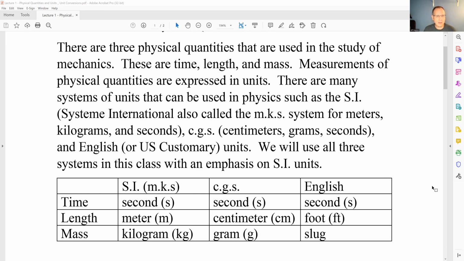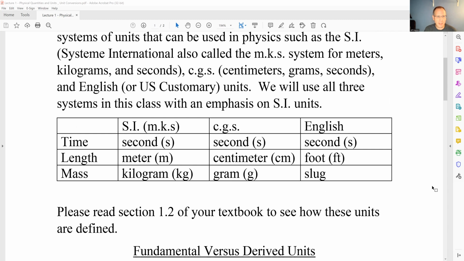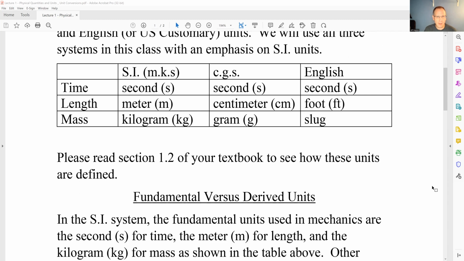Okay, so in this table here, I have the three quantities, time, length, and mass, and then what the actual units are in each of those systems. So in the SI system, time is going to be in seconds.